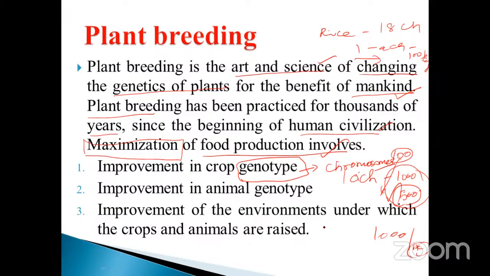Chromosome alteration is also there. For example, the plant is very tall. The rice plant is also very tall in Thailand. Taken in our area, it is maximum 2 to 3 feet only. So this is the tall rice plant.